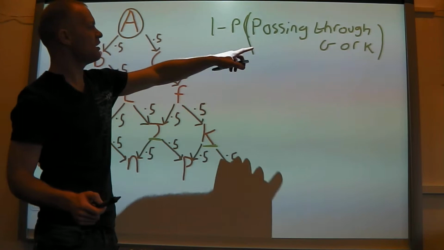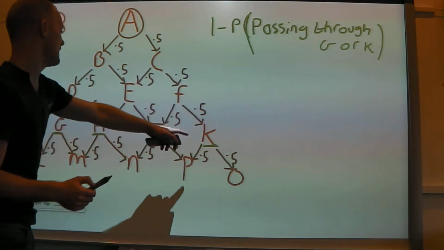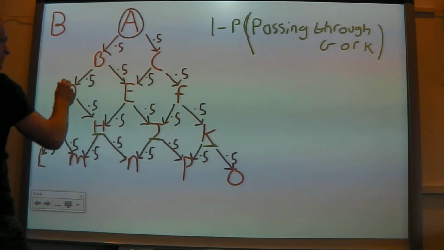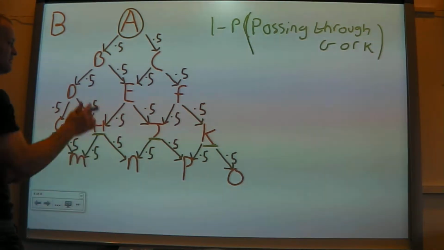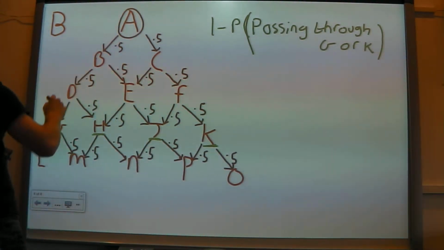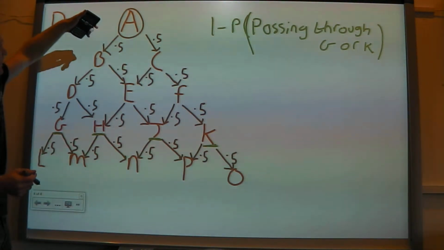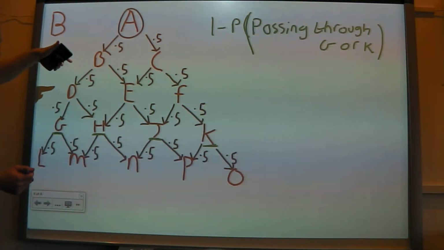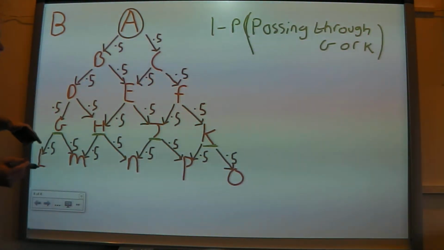So to work out the probability of passing through G or K, the probabilities of K and G are the exact same because it's symmetrical. So we just work out the probability of going through G. That's 0.5 times 0.5 times 0.5, so it's 0.5 cubed.